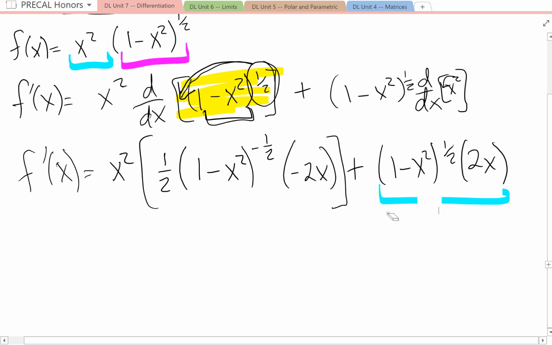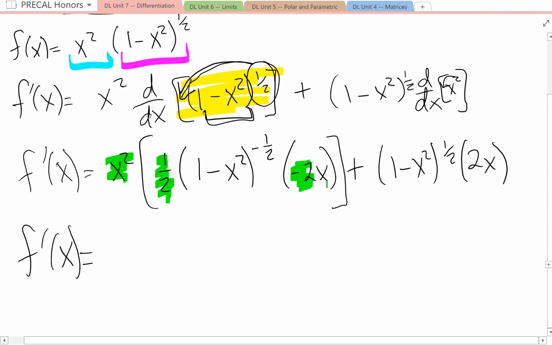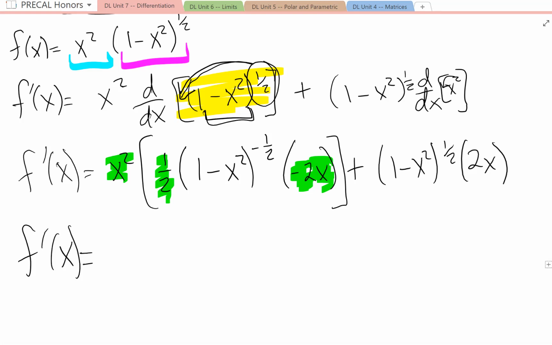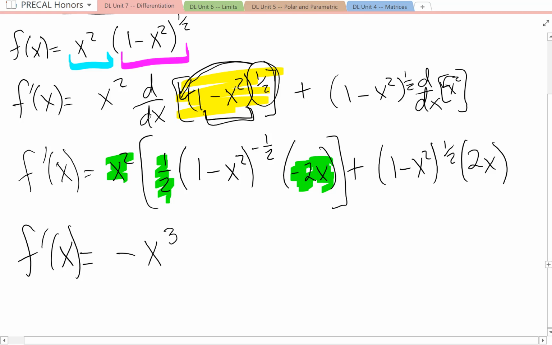So let's simplify these two terms and see what happens. F prime of x. Okay, so what we end up having is x squared times 1/2 times negative 2 times x. Okay, so that would be negative x cubed, right?